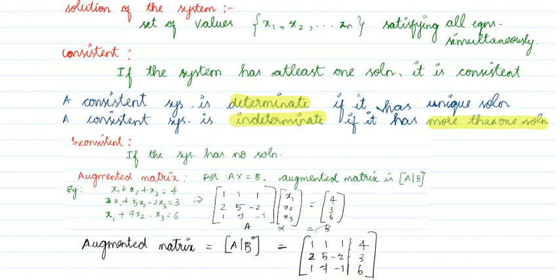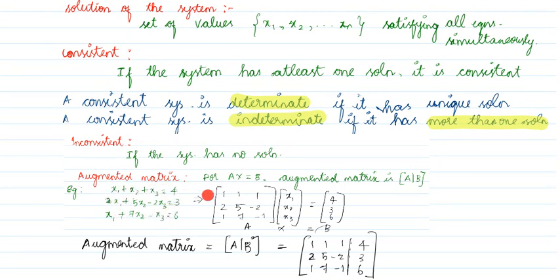Also know what the augmented matrix is. We have seen how to write the system of linear equations in matrix format, Ax equal to b. The augmented matrix is nothing but [A|B]; you just club the A matrix and B matrix together. We have taken an example of a system of linear equations.